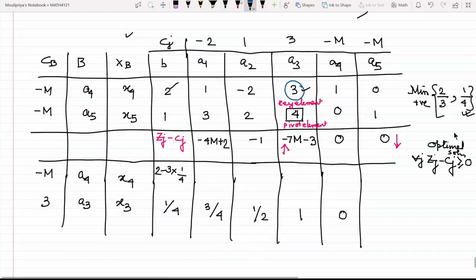That is, the new element is 5 by 4. The second one would be, what about the element of A1? It was initially 1 minus 3 into 3 by 4. So this would be minus 5 by 4.